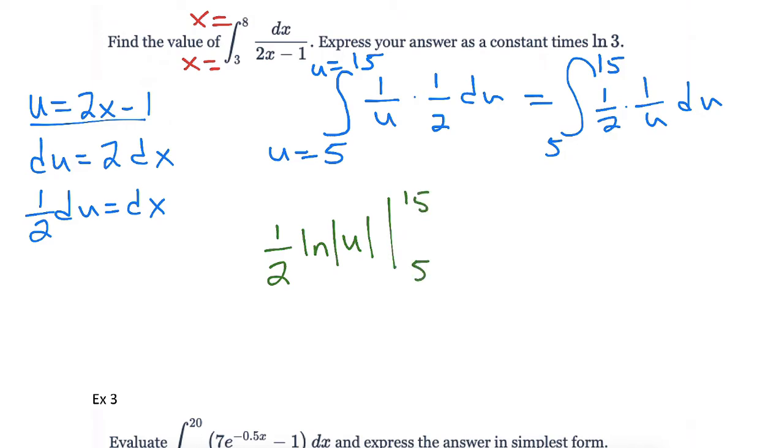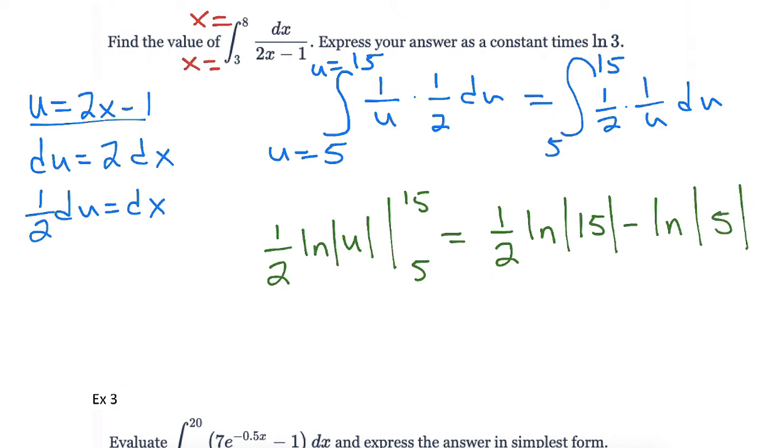That bar just says given that we have a lower bound of 5 and an upper bound of 15. So if we continue, this is 1/2 the natural log of 15 minus the natural log of 5.